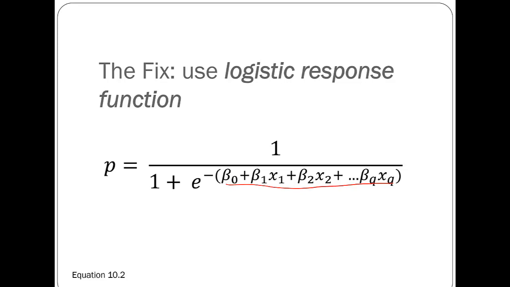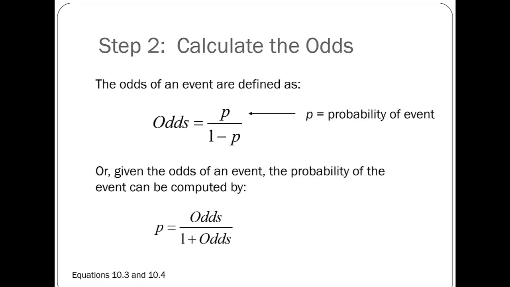And if it gets very big in the opposite direction, negative infinity direction, then we get 1 divided by e to the infinite power, or the limit as it goes to infinity, and that becomes 0. So this solves the problem of making sure that our probabilities are always between 0 and 1.